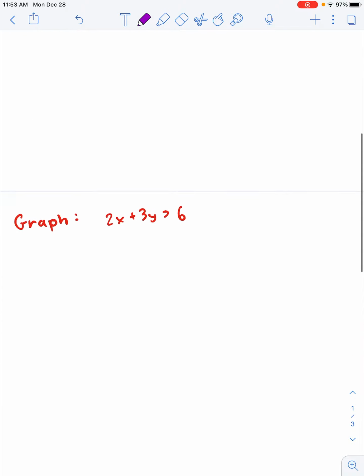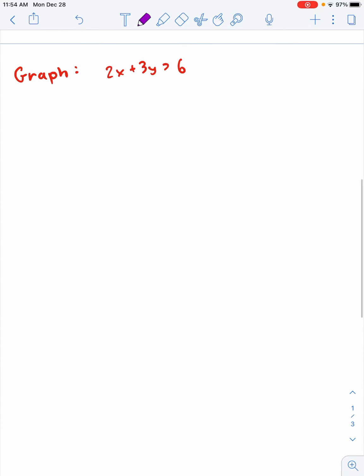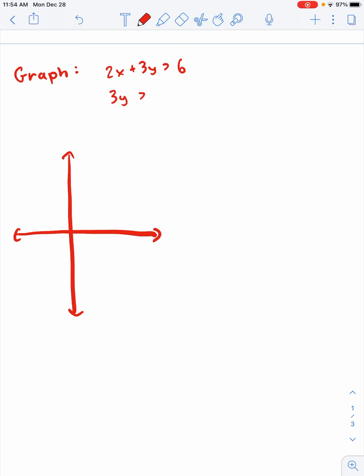Okay, let's do one more. This one's a linear equation. So the first thing I want to do again is to graph my boundary line. In order to do that, I'm going to put this into y = mx + b form. So first I'm going to isolate the y.